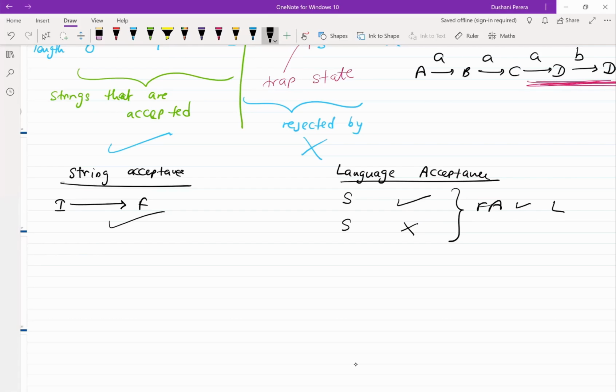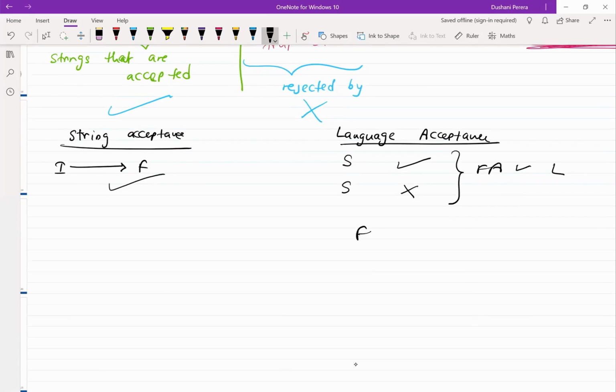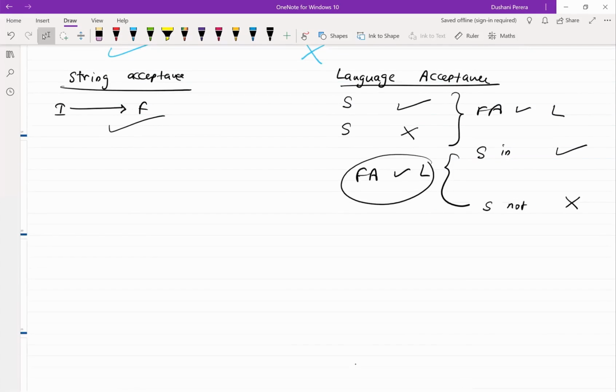Did you get it? If a finite automata accepts your language, then the strings that are in the language are accepted and the strings that are not in the language are rejected. Or we say the FA represents the language. Okay, if that is so, the language is accepted by the finite automata.